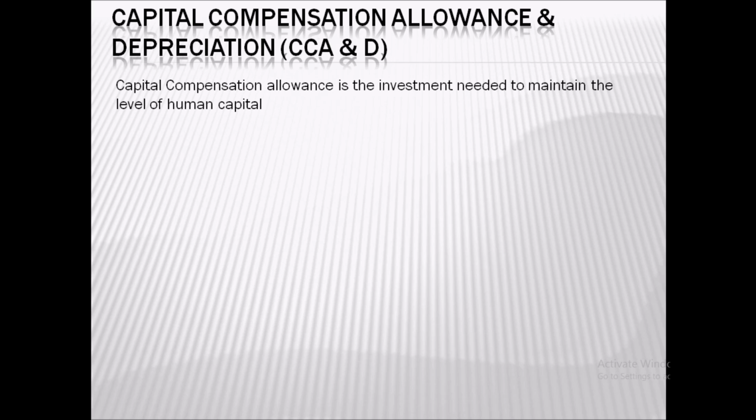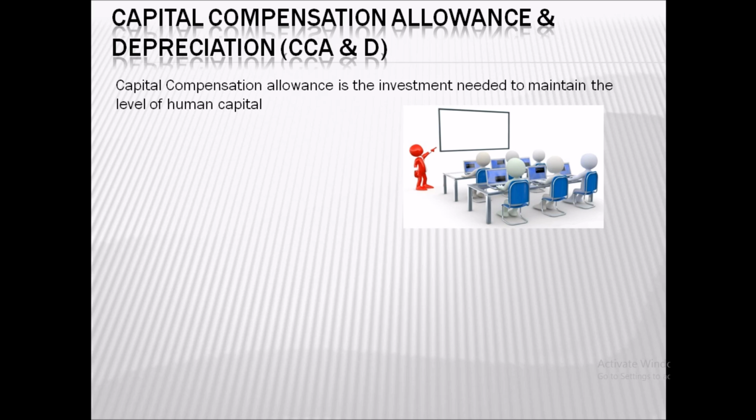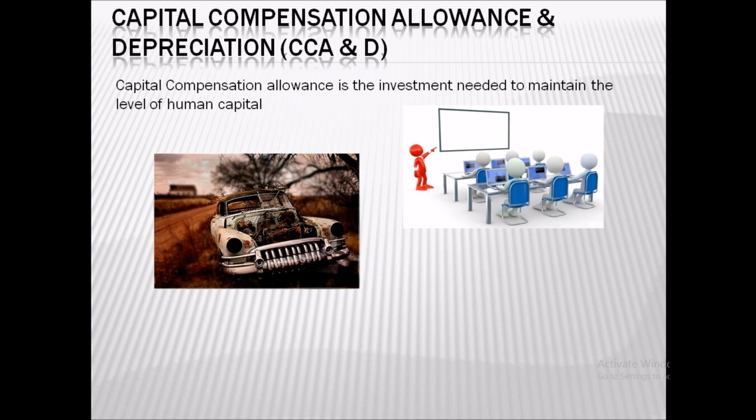Capital compensation allowance and depreciation. Capital compensation allowance is the investment needed to maintain the level of human capital. So for example, it's the expense required to train and educate the new set of workers to replace the retirees. So that's the capital compensation allowance.